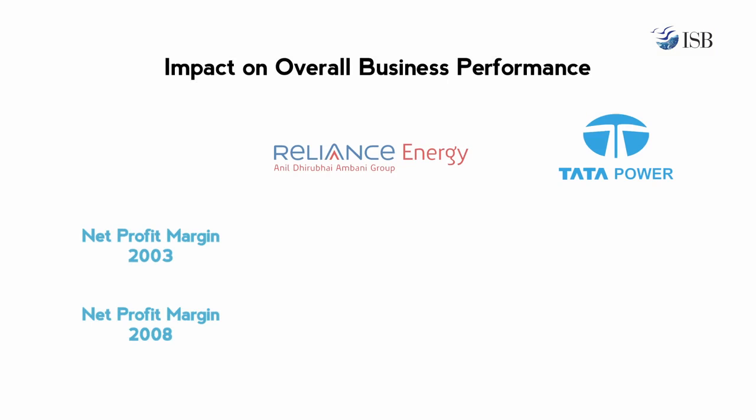The company's improved operational efficiency was manifest in improved margins as well. You see on this slide that margins which were lagging Tata's significantly in 2003 increased to beat its closest competitor in 2008. Margins increased from 5.8% to 14.5% in 5 years.